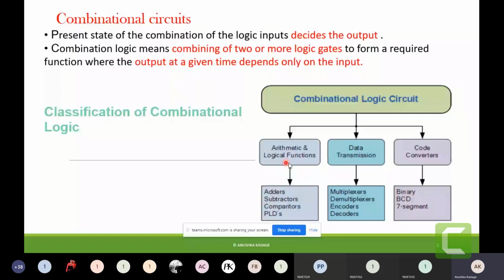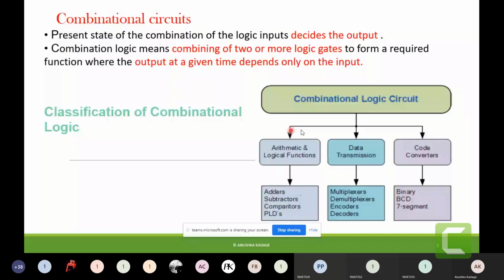Under the arithmetic and logical functions, we have adders, subtractors, then the various gates which are used for defining the Boolean functions, and we have to get the minimization of those Boolean functions done with the help of K-map, and finally we have to define the modified logic diagram for the given functionality circuit.